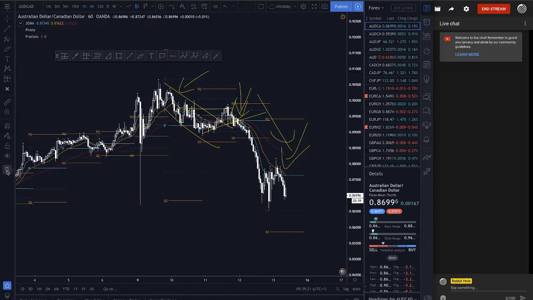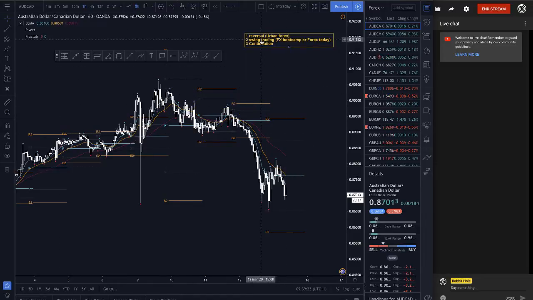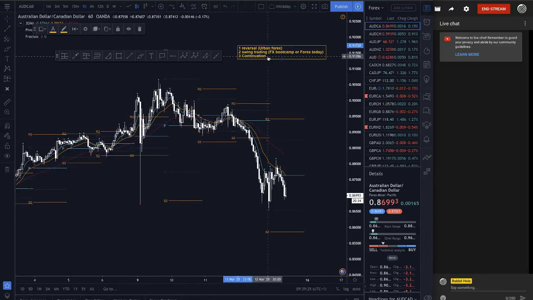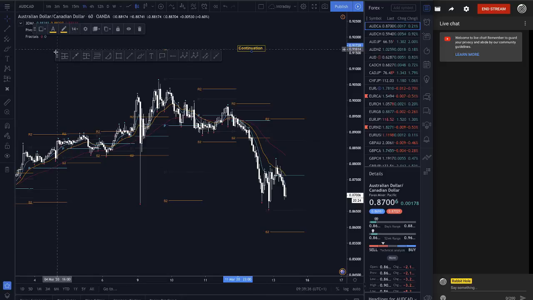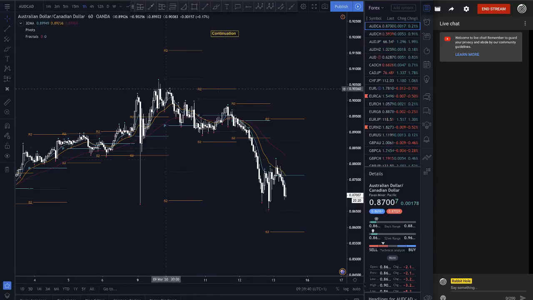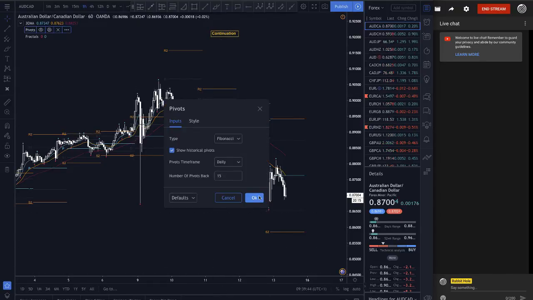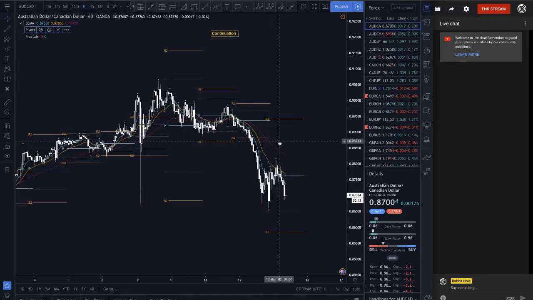Okay, so we have 3 types of pivot point trading. Now, we will be focusing on continuation, number 3. We will only be focusing on that because that's what I trade, that's what I do best, and I will not go anywhere else. Currently I'm using Fibonacci pivots. I found them better for targets than classical.